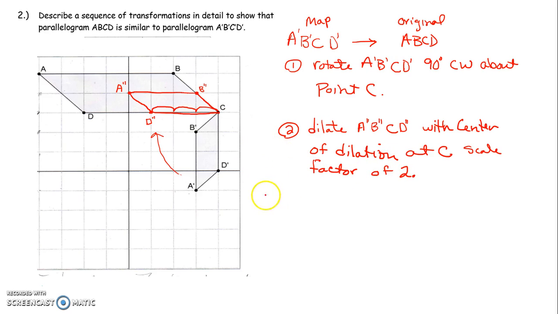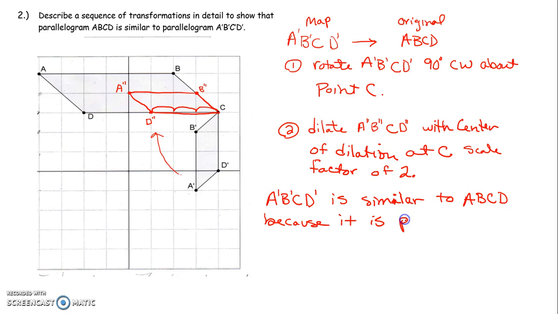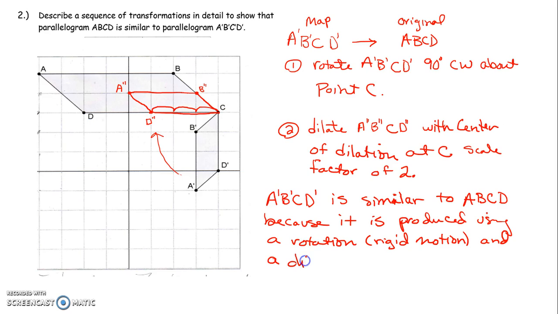Now we have to say why it's similar. A prime, B prime, C, D prime is similar to A, B, C, D, because it is produced using a rotation, which is a rigid motion, which would cause them to be congruent, and a dilation.